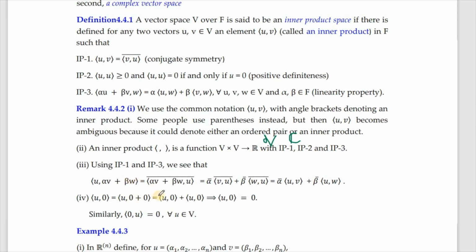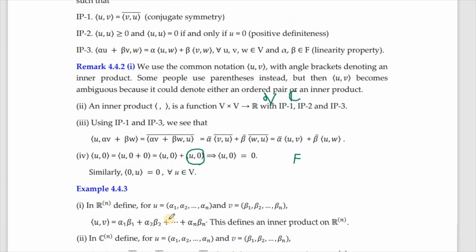Now make use of linearity. So you have inner product of u, 0 plus inner product of u, 0, giving back inner product of u, 0. This can happen only if this is the additive identity present in F, the scalar 0. So the inner product of these two vectors is the scalar 0. Similarly, you can prove that the inner product of 0 with u is also 0.